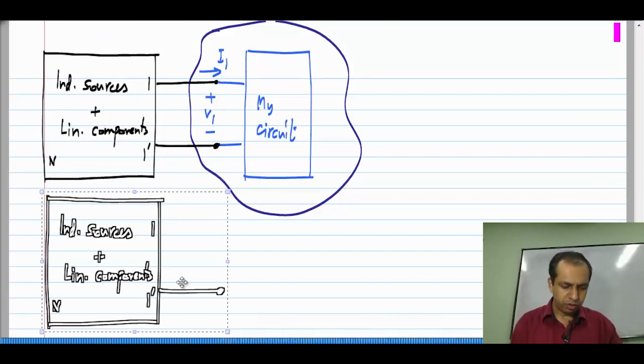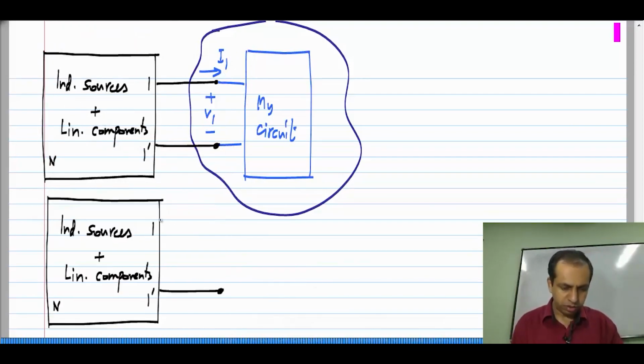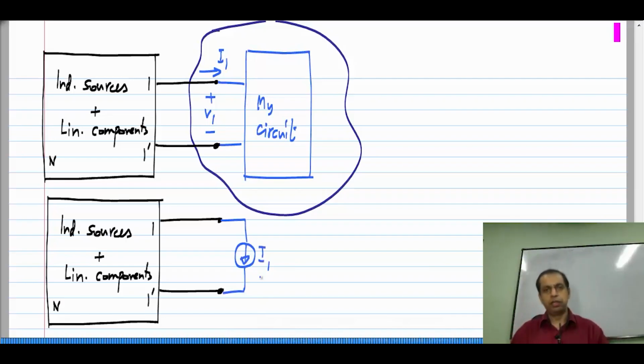Let me copy over the network N, which I am interested to model, and we have already discussed that this circuit, whatever I connect to it, if it happens to draw a current I1 or have a voltage drop across it, which is V1, I can replace it by that current. Keep in mind that this is just a step in the derivation of the model. We do not need to know the value of this I1 to make this model.